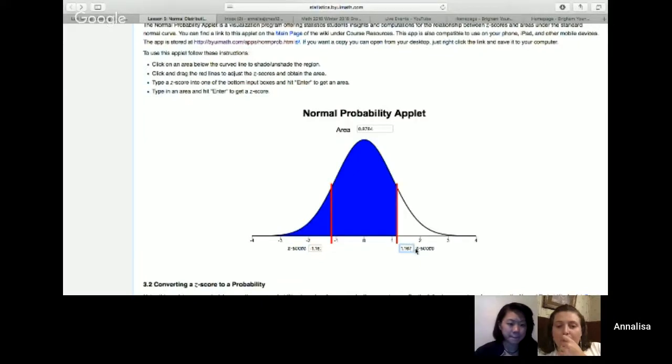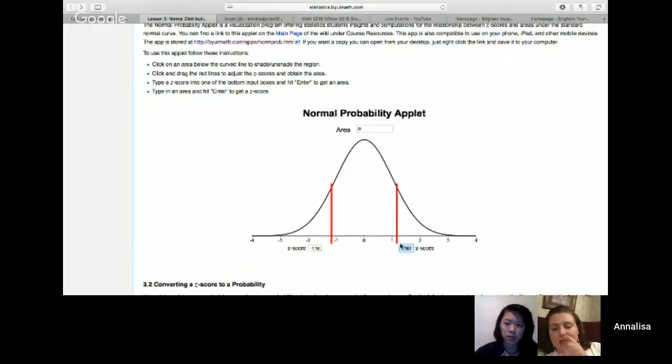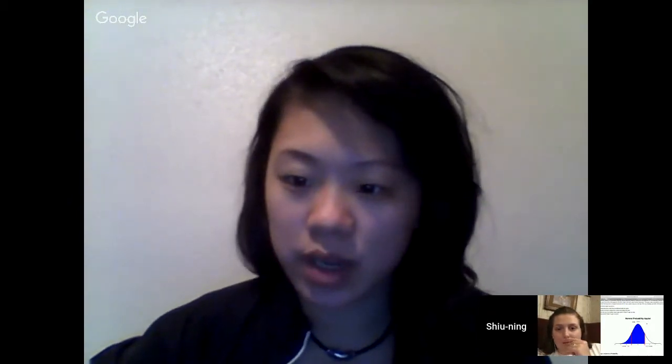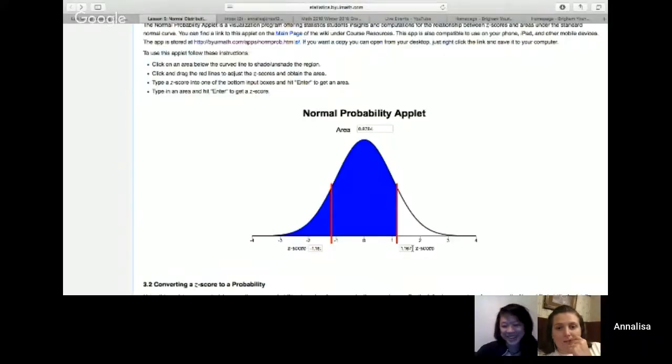So I just put in that 1.1667 right there, and then I just highlight both of these, and that gives me 0.8784. I'm a doofus. I didn't put the 1 in. Good job. 0.1667. Okay. 0.8784. Yeah.